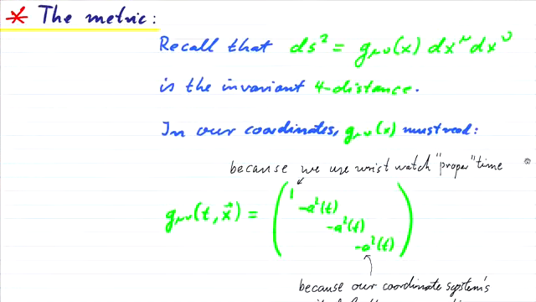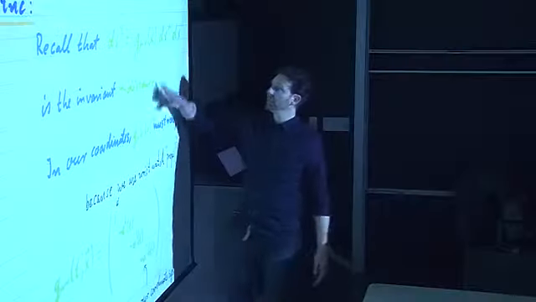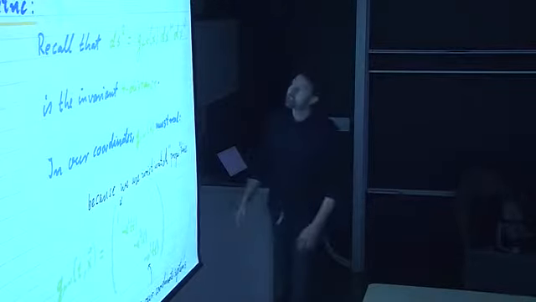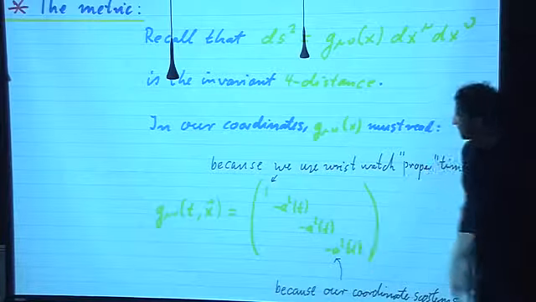Then, what about the metric? Well, remember that the metric determines the line element, the invariant distance, in this way. That's the invariant for distance. In our coordinate system, the metric tensor must therefore be of this form here. Why is that?